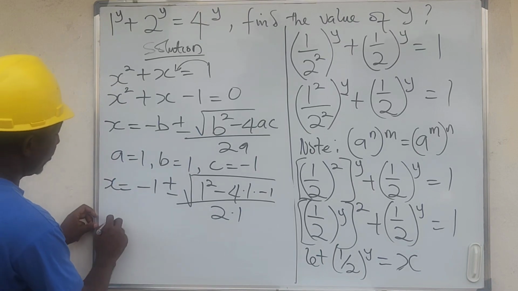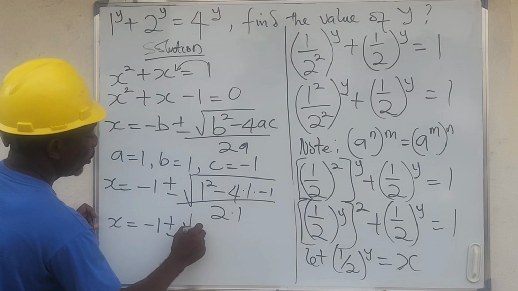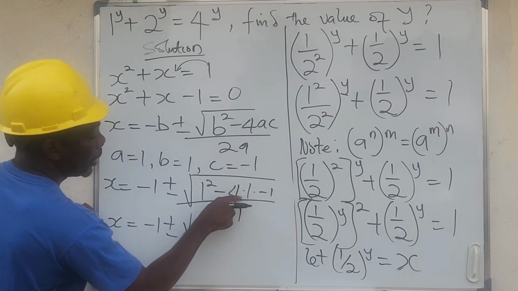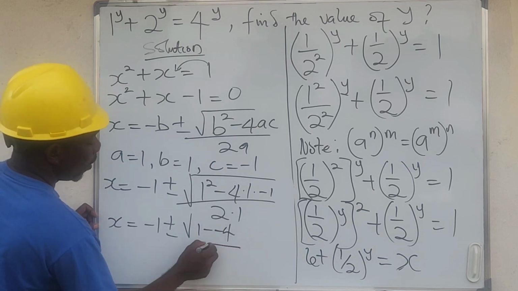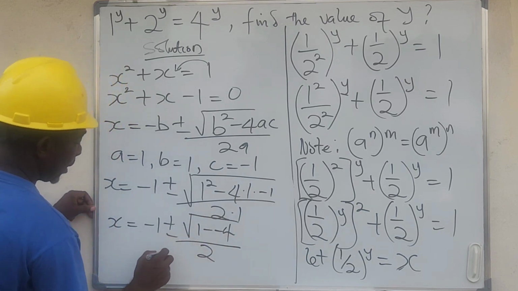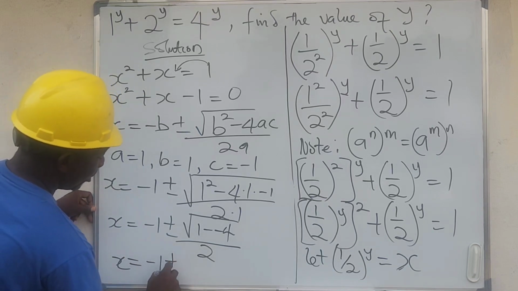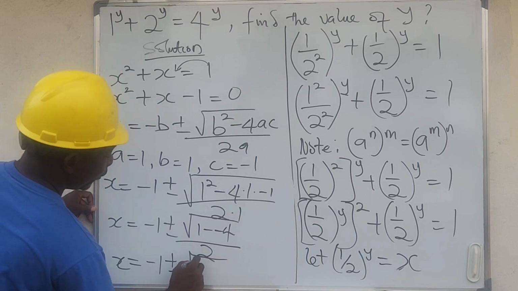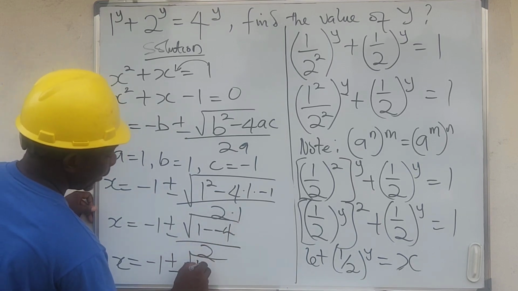So here will become x equals minus 1 plus or minus the square root of 1 minus, this is 4 times 1 is minus 4, all over 2. So this is the same thing as x equals minus 1 plus or minus the square root of 1 minus minus 4, which is 5, all over 2.